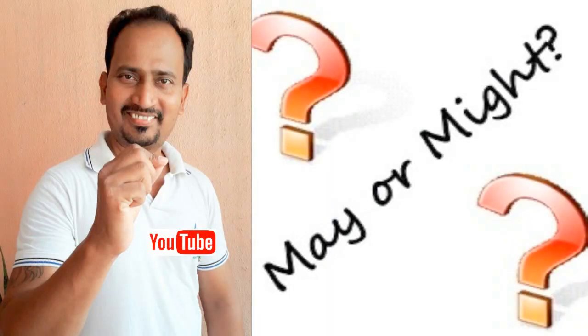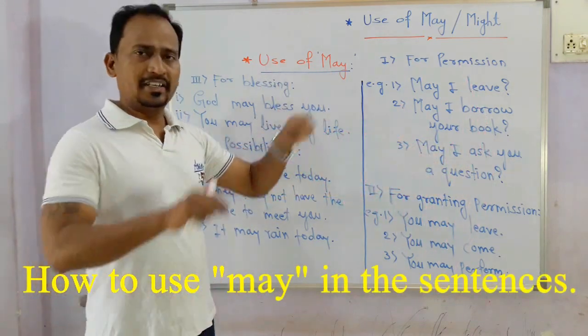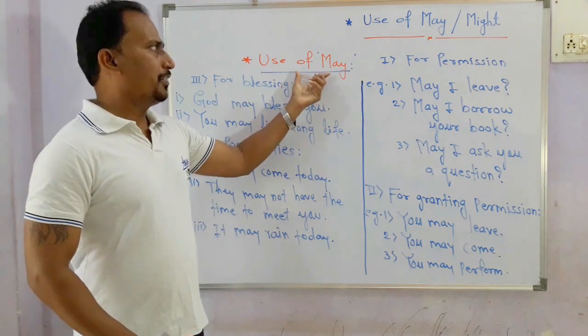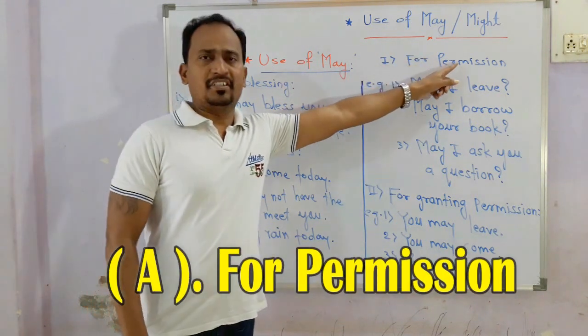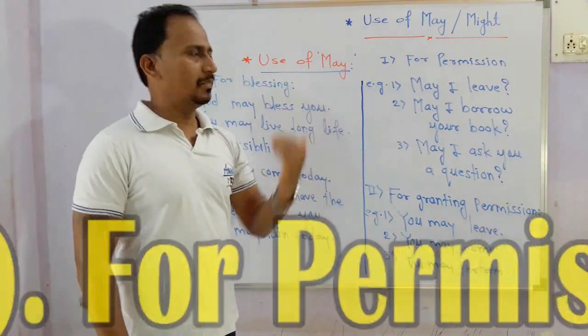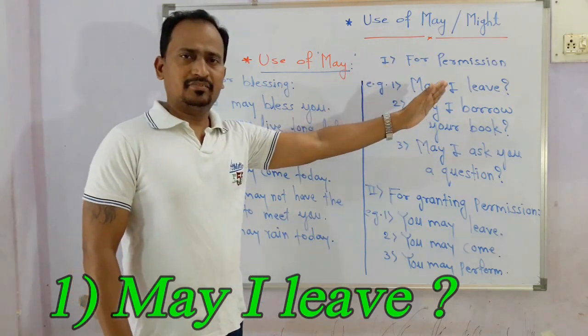First of all, we shall see how to use may in the sentences. Okay. So may is used for permission, for seeking permission or for taking permission. For example, may I leave?